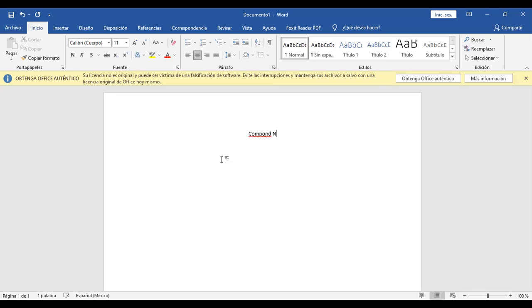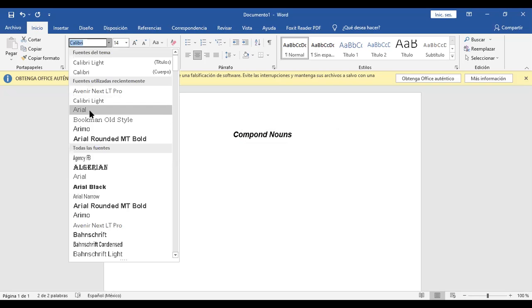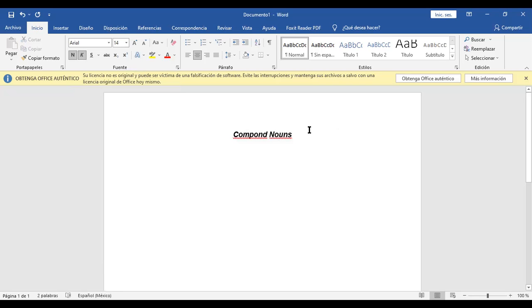Compound nouns, okay? I'm going to be asking for some examples related to compound nouns. I want to start by asking Naima Urbina, can you provide me, please, your first example?